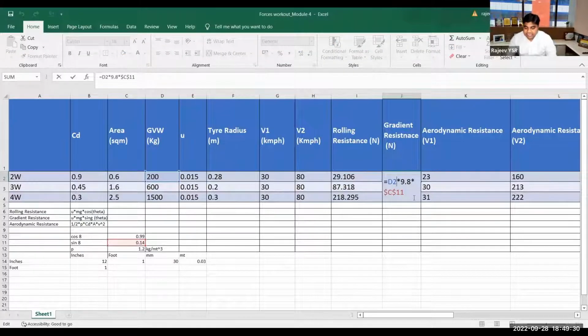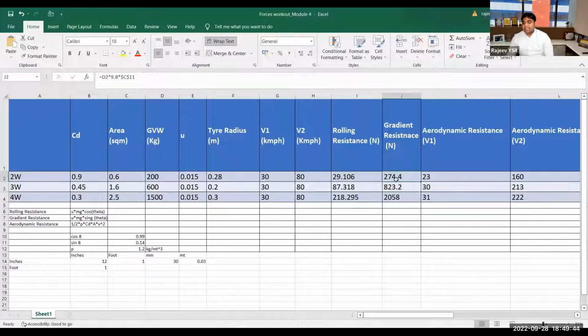Now sine 8 is again 0.14, g is 9.8 meters per second square, and again the mass changes. So mg sine theta is your gradient force, and the gradient resistance acting at 8 degrees is really, really high: around 274 newtons, 823 newtons, and roughly 2000 newtons in terms of four-wheelers.